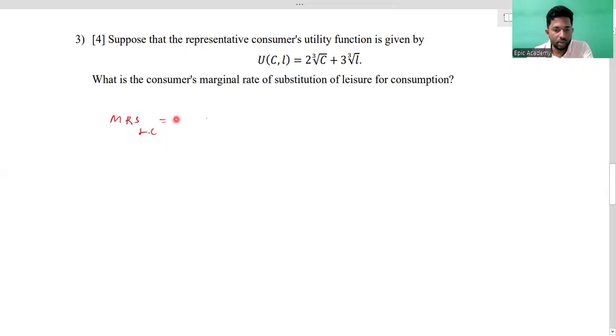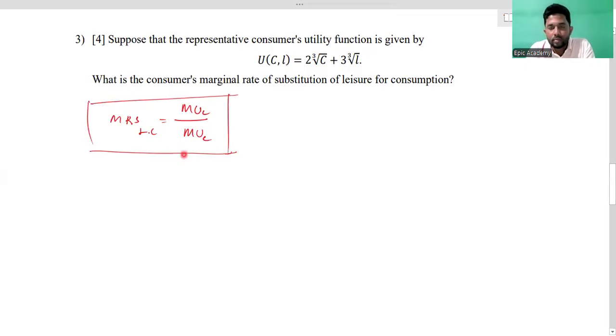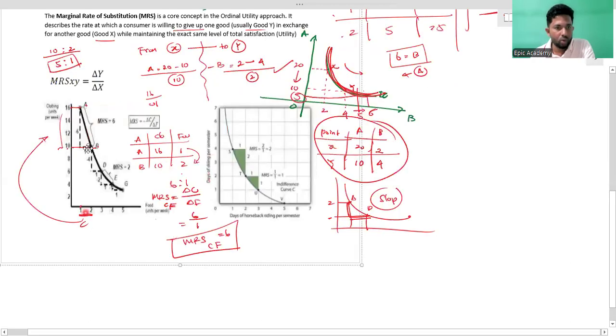How can you calculate it? MUL divided by MUC. That's the methodology, because you can identify MU, meaning the additional difference, those are MU values.